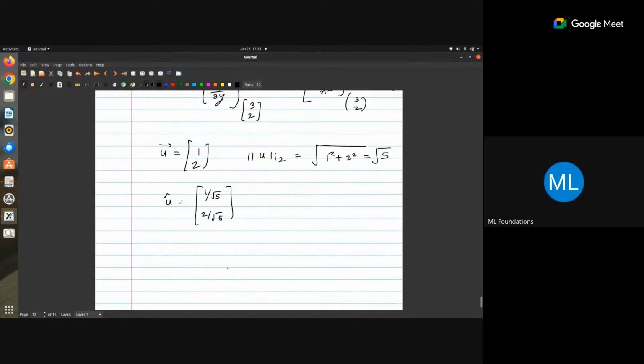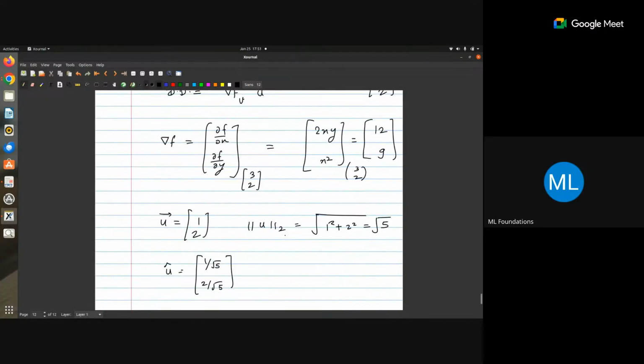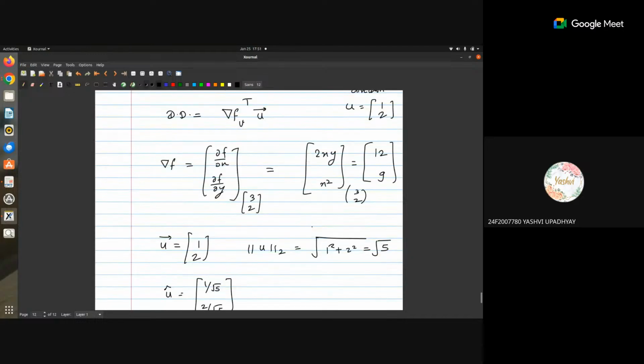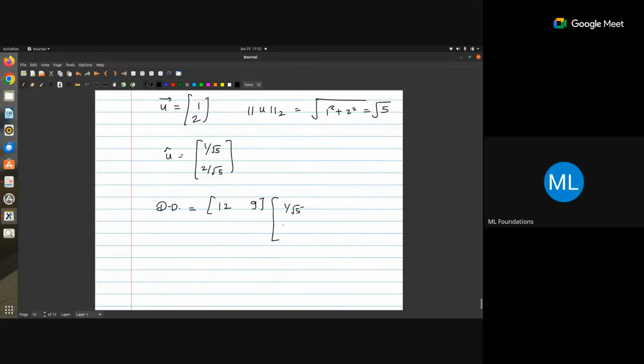Now the directional derivative is del F transpose into u. What is del F at (3, 2)? It is (12, 9), since x squared is 3 squared, which is 9. Into (1 by root 5, 2 by root 5).